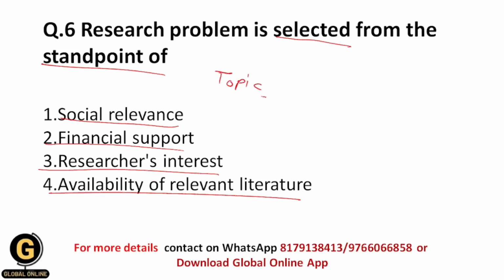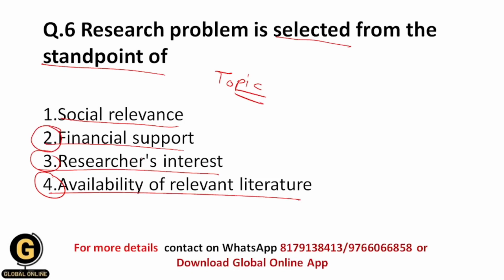And whenever he is selecting his topic, he will also see what the resources of his research are, and that's why these two options are eliminated, because they are not the standpoint from which a research problem is selected. The second option is financial support.